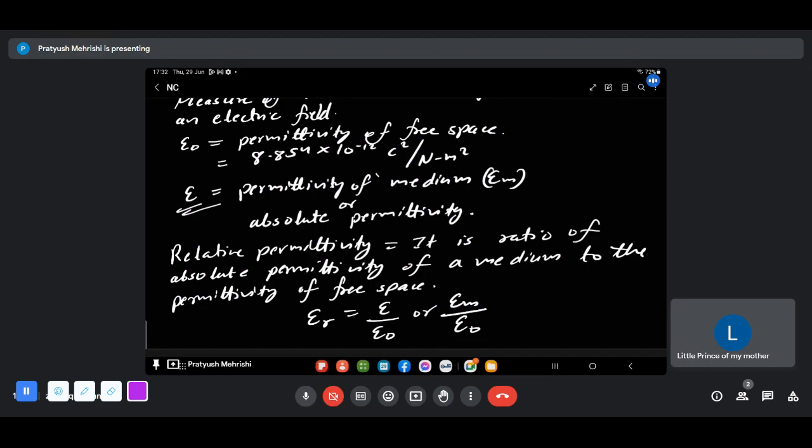So what we do is remember just one thing, the permittivity of free space, and all other things we give as a ratio, as a multiple of epsilon naught. That's it. Epsilon naught into epsilon r will give us the permittivity of the medium.